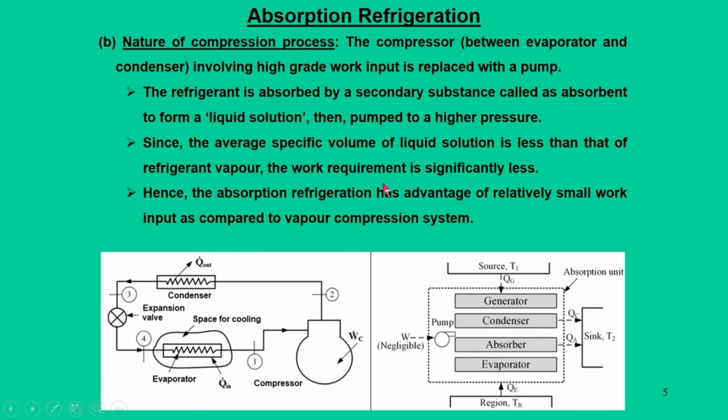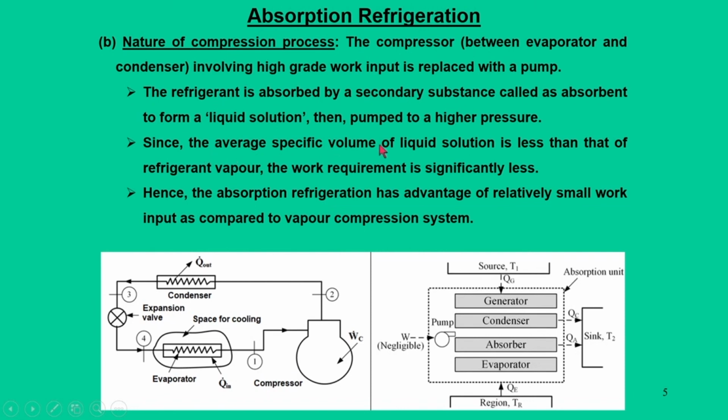As I mentioned, there is no compressor; it is replaced with a very small pump which takes a minimal amount of high grade energy. In addition, the refrigerant gets absorbed by a secondary substance, which we call an absorbent, to form a liquid solution which is pumped to high pressure.